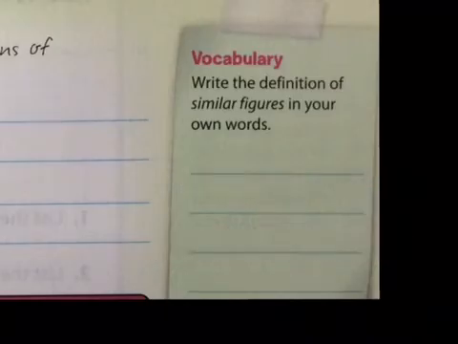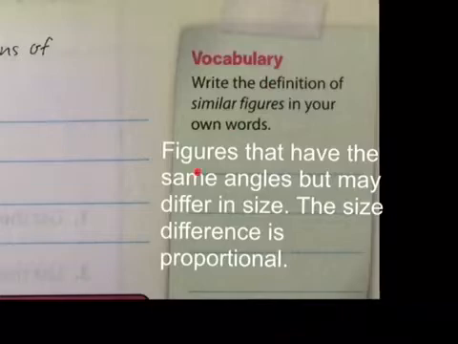Okay, for vocabulary, write the definition of similar figures in your own words. Similar figures. I would say that they're figures that have the same angles but may differ in size. The size difference is proportional. This is how I would say it.